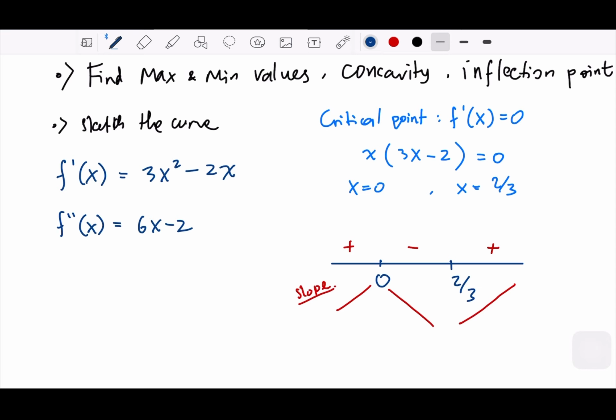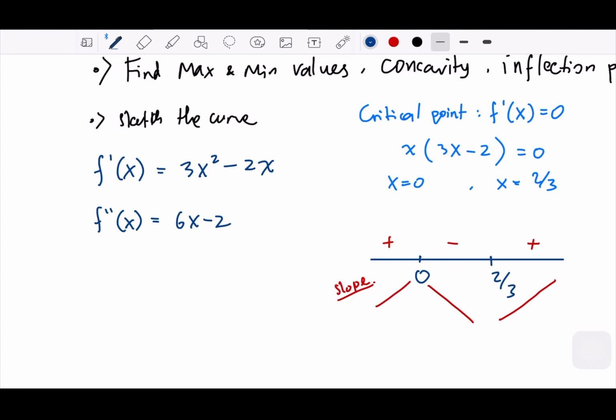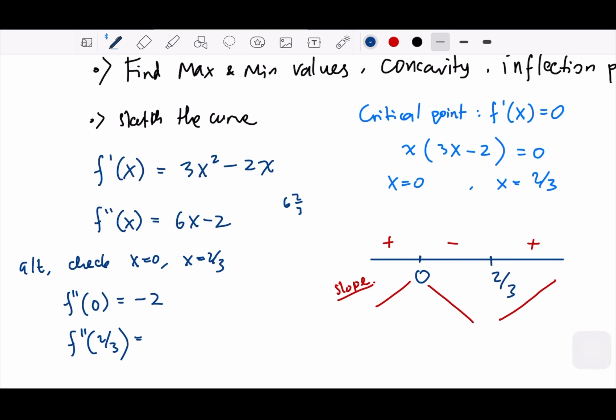Another way to look at it, we can check 0 and 2/3 by substituting into the second derivative, and we will know whether it's a max or min. As an alternative, check x equals 0. This is -2. And at 2 over 3, 4 minus 2 is 2.